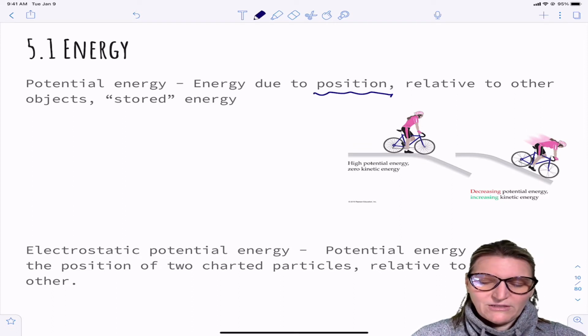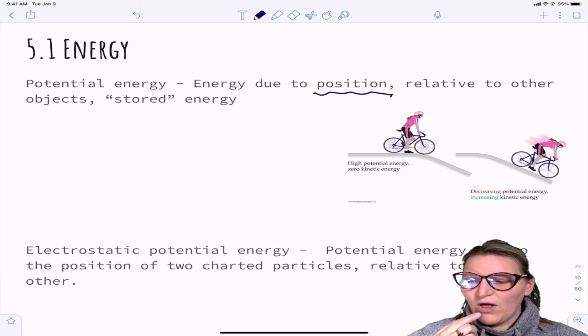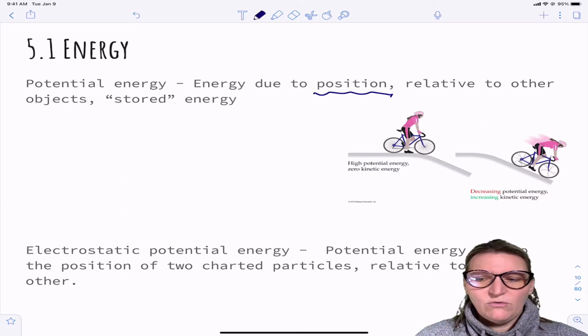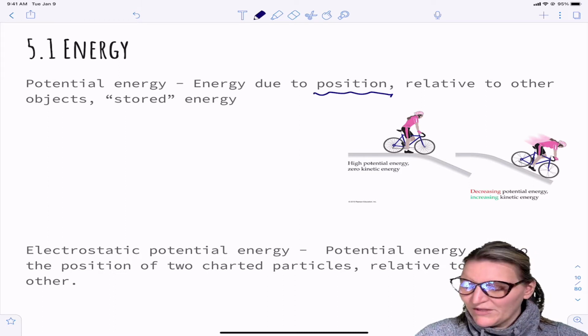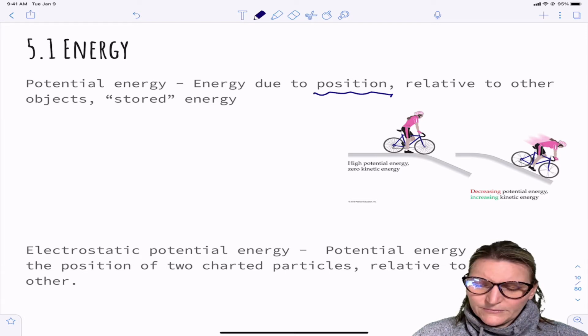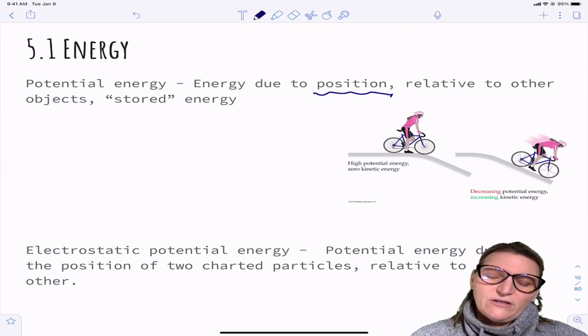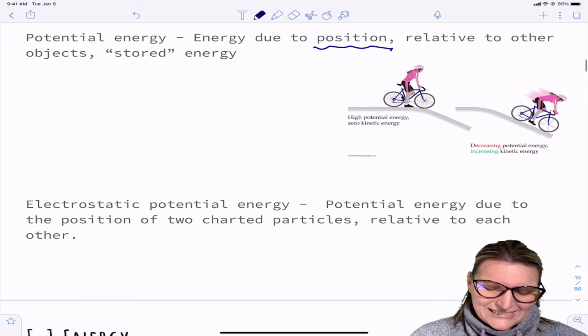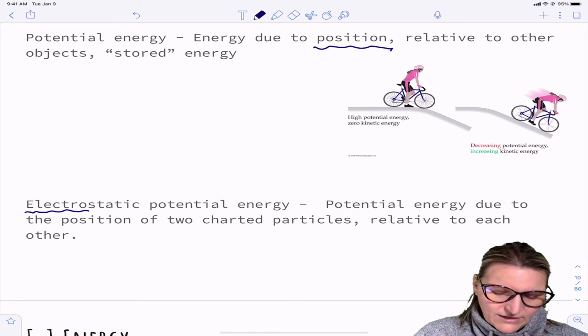When we talk about this in chemistry, though, it's not about being at the top of a hill. There's no hill here. It's really all about the idea of position, and we're going to learn it's sort of chemical bonds. That's what this electrostatic potential energy is.